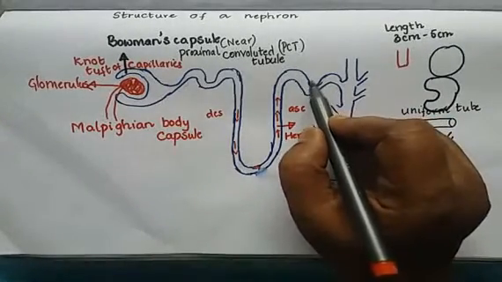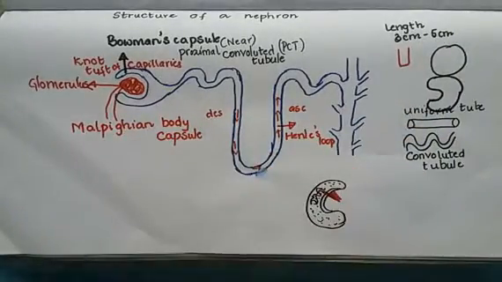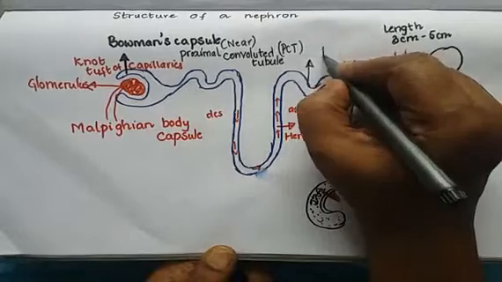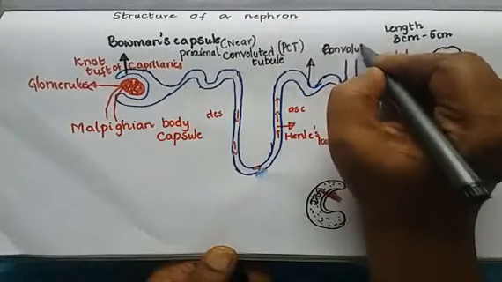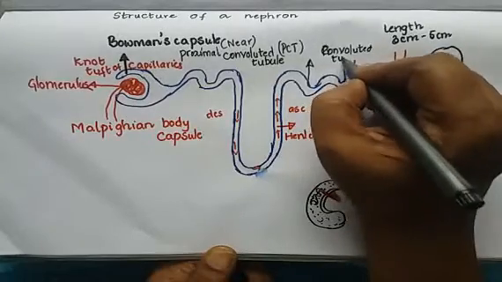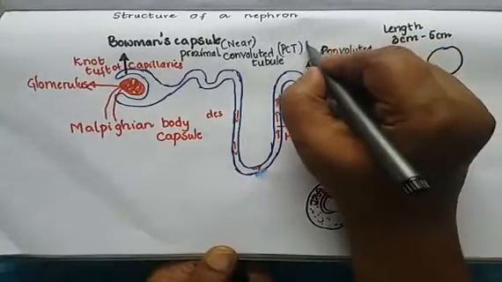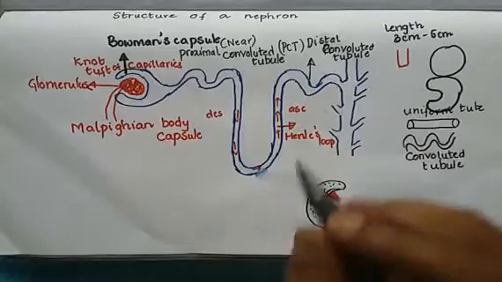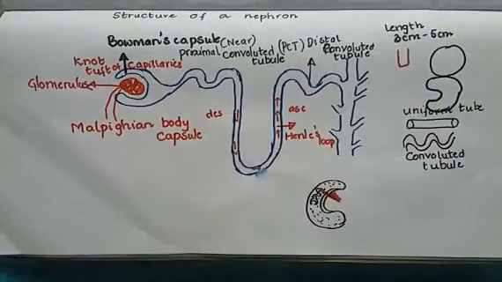It has been named a convoluted tubule, but since it is far away from the Bowman's capsule, it has been named the distal convoluted tubule. As the name indicates, distal refers to far away from the Bowman's capsule.